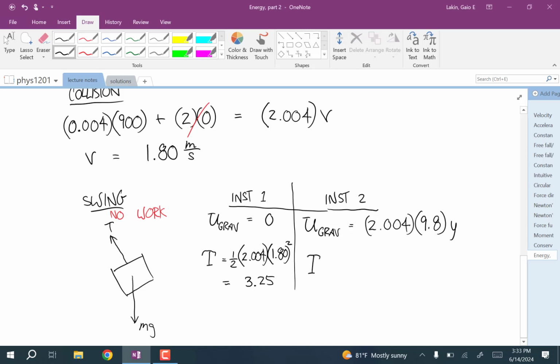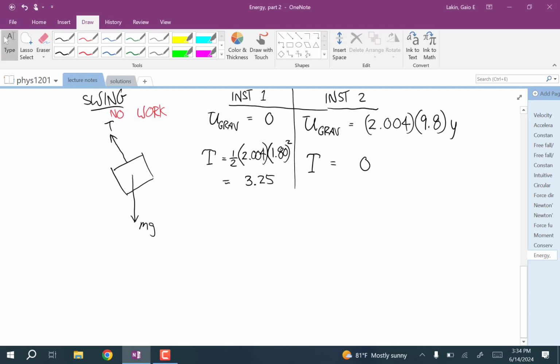The kinetic energy when it reaches its highest point, it slows down as it goes up and it stops for an instant before it starts swinging back. So this is at the instant that it stopped, and so the kinetic energy is 0. Now put these into conservation of mechanical energy.